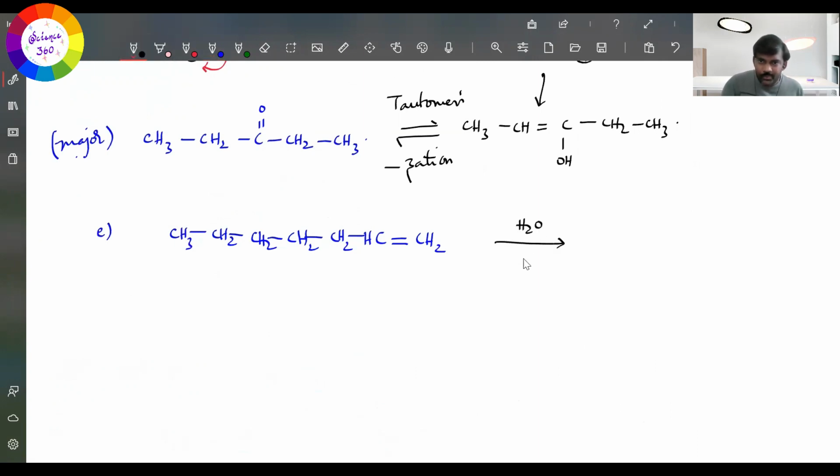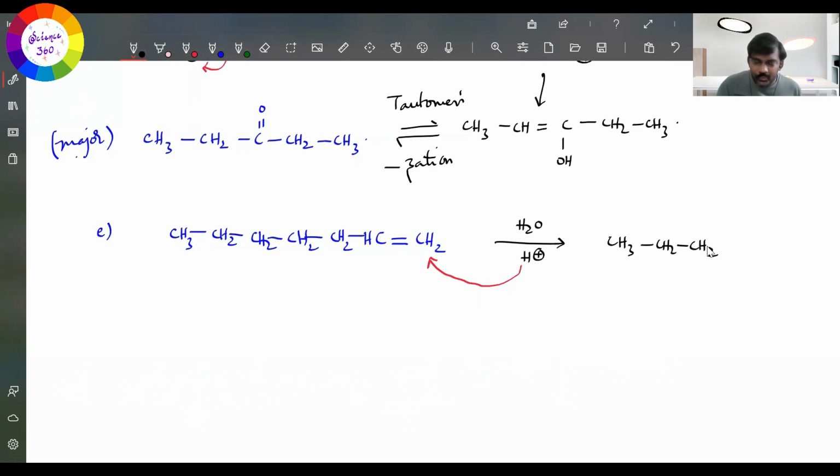Again, H plus ion attack will be there. Now this H plus ion attack will be on the first carbon so that I'll get the most stable carbocation. You can do it on the second carbon also, but a less stable primary carbocation will come in that case. So whenever you are attaching H plus ion, you focus on getting the most stable carbocation. So here H plus ion attached on the first carbon.